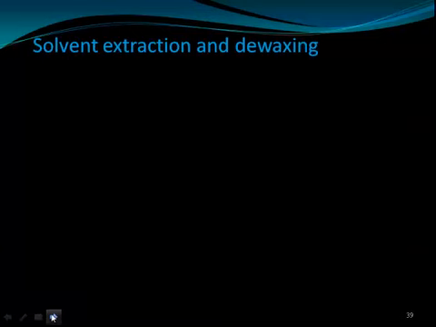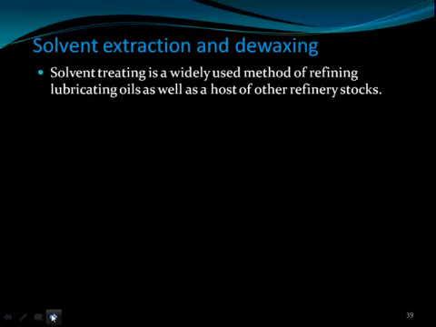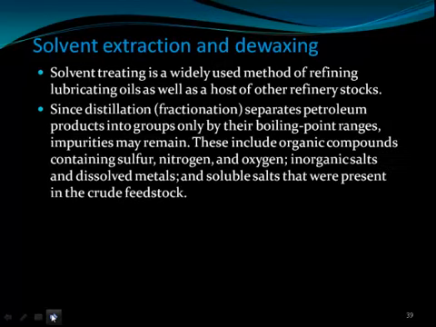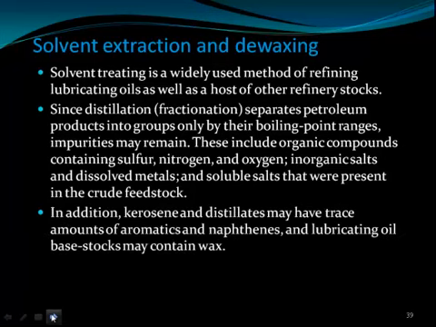The next process is solvent extraction and dewaxing. Solvent treating is a widely used method of refining lubricating oils as well as a host of other refinery stocks. Since distillation separates petroleum products into groups only by their boiling point ranges, impurities may remain in them. These include organic compounds containing sulfur, nitrogen and oxygen, inorganic salts and dissolved metals, and soluble salts that were present in the crude feedstock.